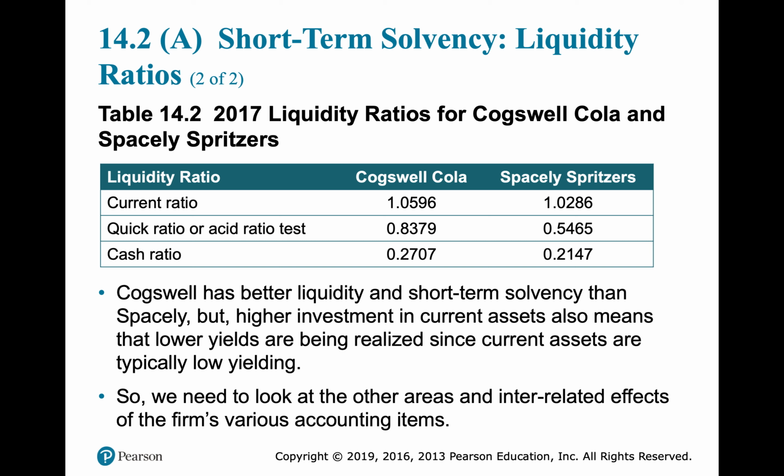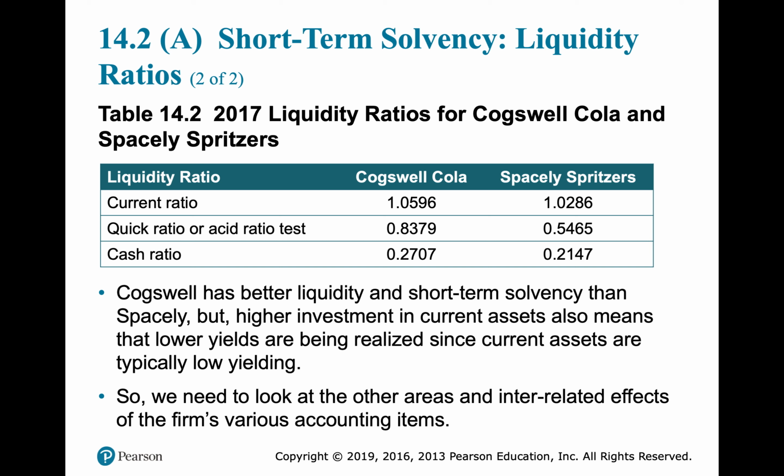Now, what your book does is a side-by-side comparison, because these ratios don't really mean anything if we're not comparing them relative to something else. The example it gives you is Cogswell versus Spacely, and we see these ratios calculated for us already. What we see is that Cogswell has better liquidity and short-term solvency than Spacely, but higher investment in current assets means lower yields are being realized, since current assets are typically lower yielding.